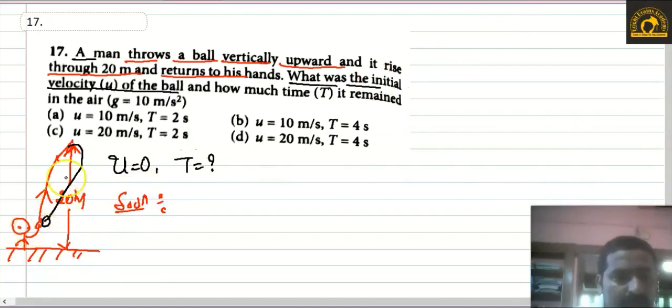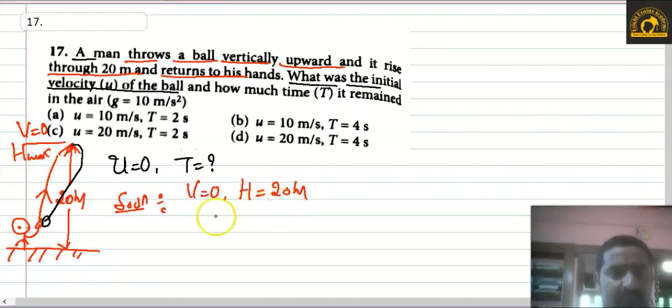When the body reaches the maximum height, the velocity of the ball is equal to how much? 0. The final velocity is 0. So the height is equal to 20 meters.